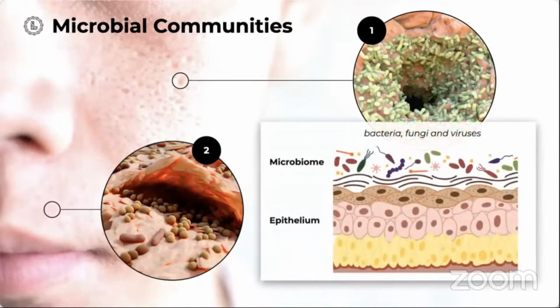Bacteria within a biofilm can communicate with each other by producing, detecting, and responding to small signal molecules in a process called quorum sensing.